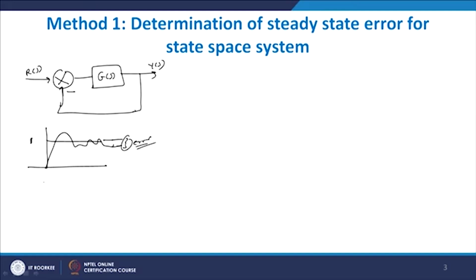Sometimes if you apply a step input and we get a response like this, then we say that there is no error. So, for any plant we apply an input, get the output, and say whether there is error or not. But why are we doing all these things? Because my desired aim is important.